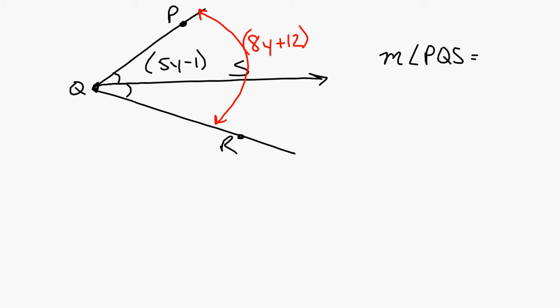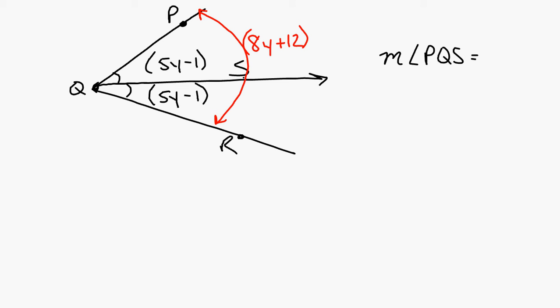So they're giving you one of the small ones, and they're giving you the total, or the big angle. Alright, so you have to set up an equation, solve for y, and then substitute. So if PQS is equal to 5y minus 1, and that angle is congruent to SQR, what's the measure of SQR? 5y minus 1.